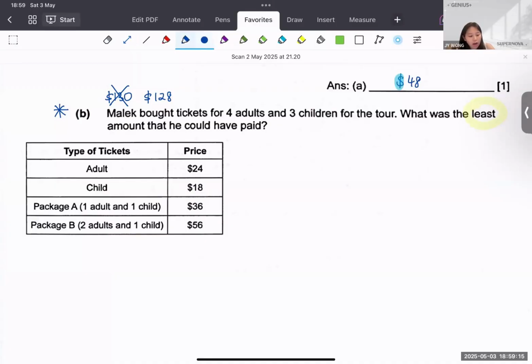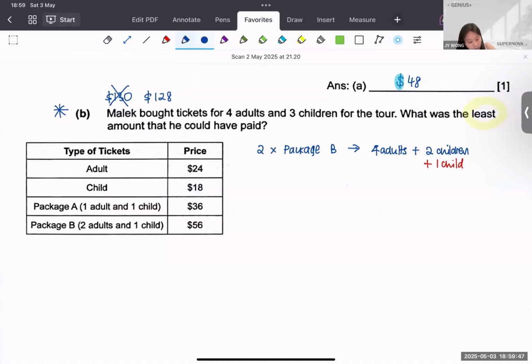So those who got 130, you took 2 times package B, which will give you 4 adults plus 2 children. So you will have to add one more child ticket to make it 4 adults and 3 children.